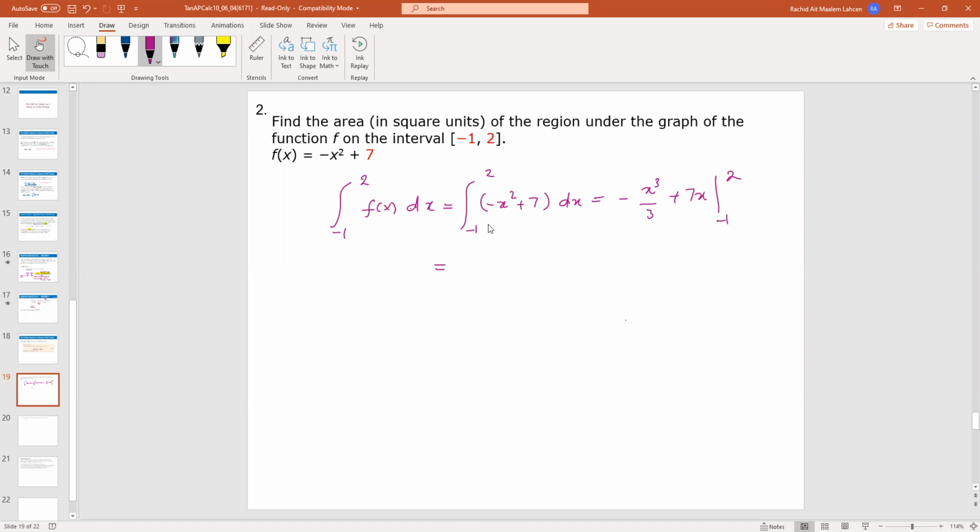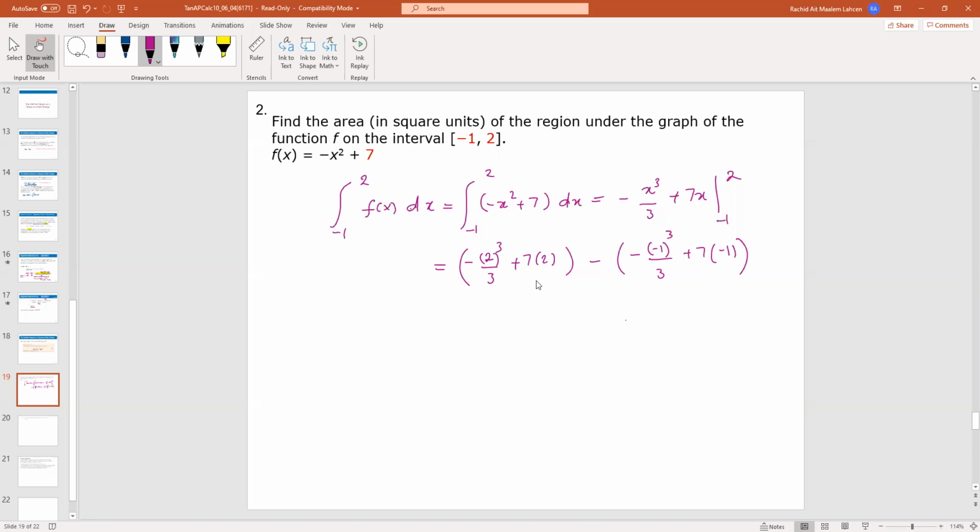So we'll do this for negative 2 cubed over 3 plus 7 times 2, that's for the 2, and negative 1 cubed. Maybe I should do it just this way so it's clear, since we have another negative there.